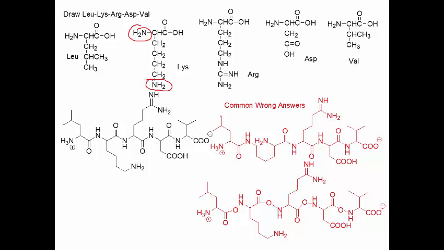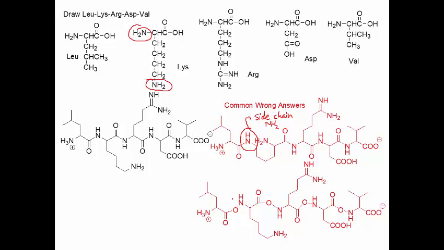So the problem here is that we have used the side chain NH2 to make our peptide bond. And this is not the way proteins form. This is something that can happen, but this would be called an abnormal linkage. The normal linkage is to use only the alpha amino acid as part of the linking system.